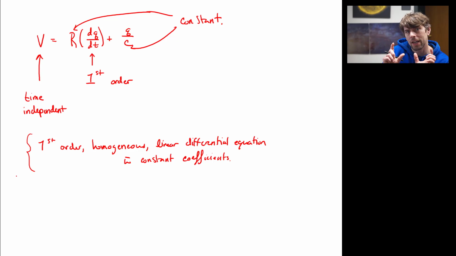So these are the key properties of a differential equation that lead to certain ways of solving it. For example, a first order homogeneous differential equation with constant coefficients always has a solution, and so we should go through and show how to get that solution.